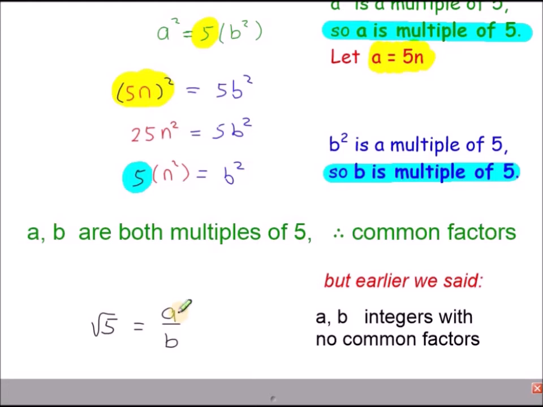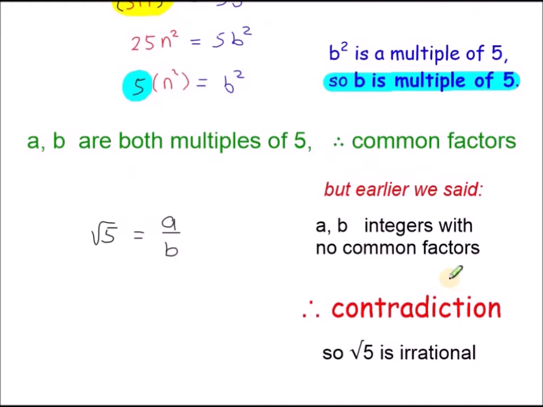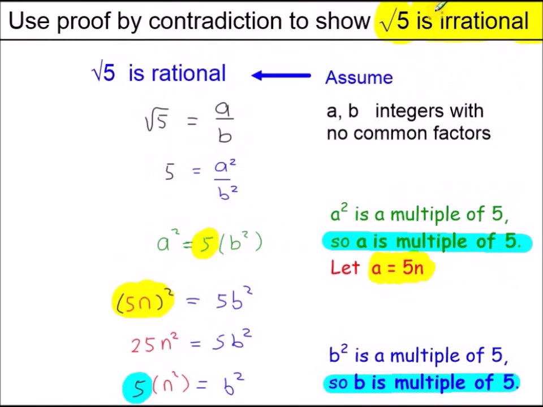But we've just stated that a and b are both multiples of 5, so 5 is a common factor to both a and b. So this contradicts the earlier statement. So we have a contradiction which shows us that root 5 is irrational. So this assumption that root 5 is rational is wrong.